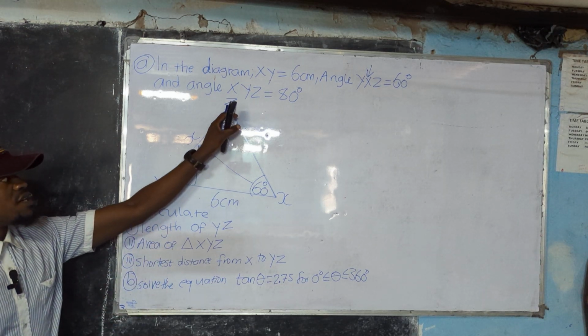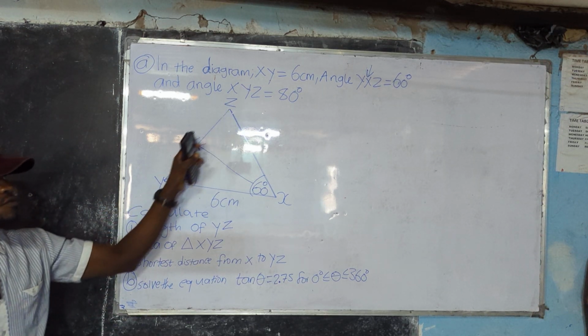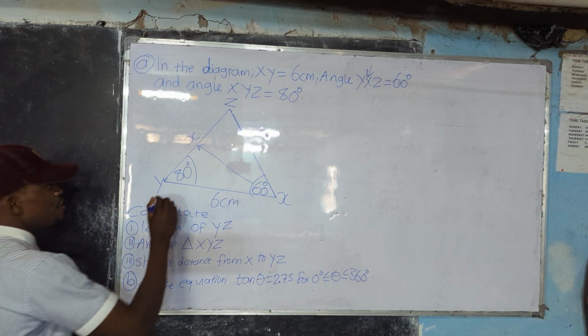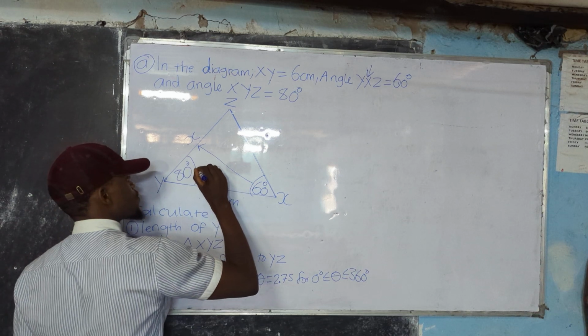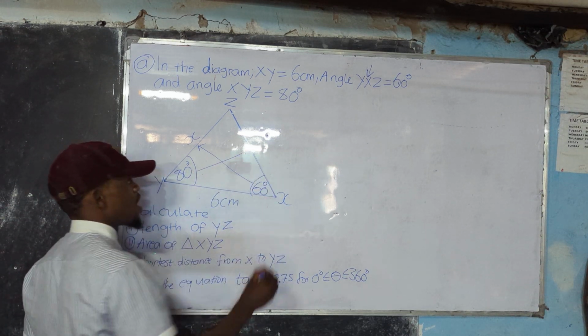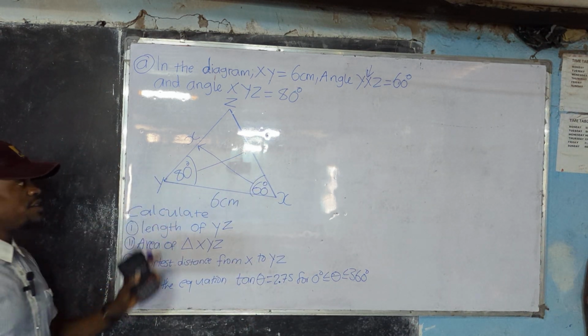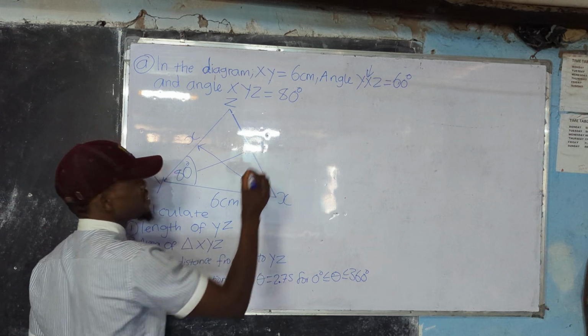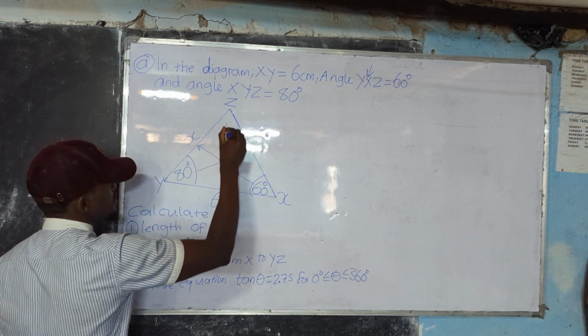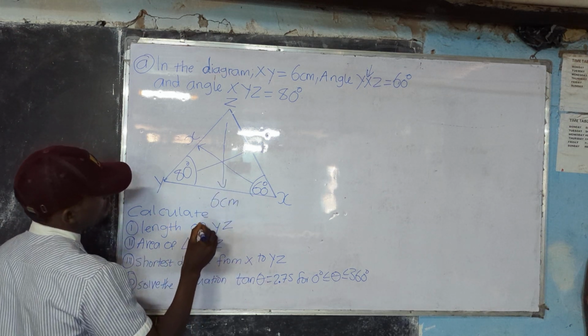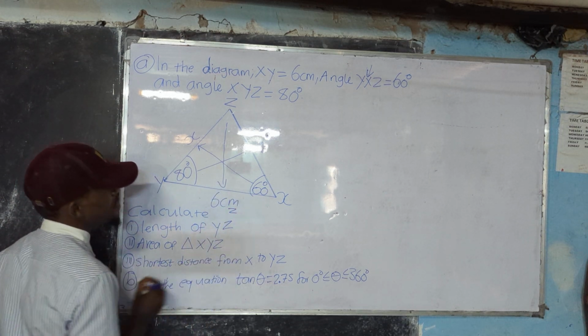So this distance is going with small letter x. Then the distance YX, this one is in line with the angle y, so here I'm going to put small letter y. Then over this, this will be small letter z.